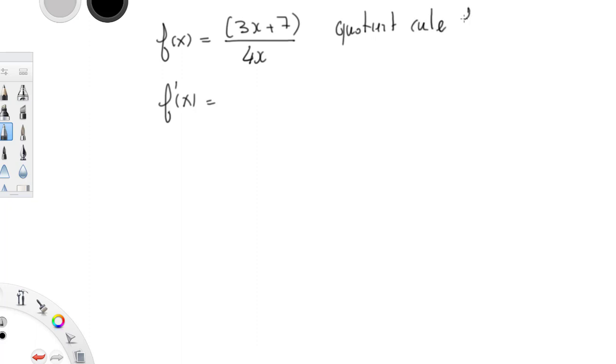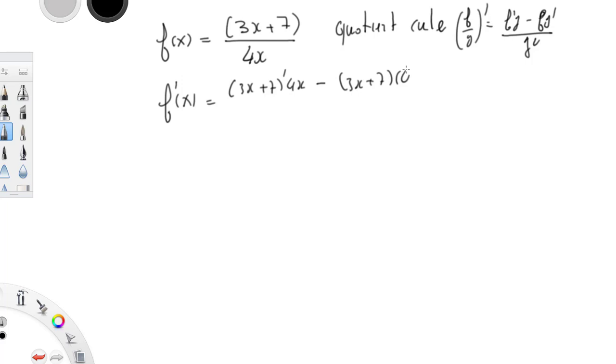which is if you have f over g prime, would be f prime g minus f g prime over g squared, right? And f prime x is gonna be 3x plus 7 prime times 4x minus 3x plus 7 times 4x prime over 4x.